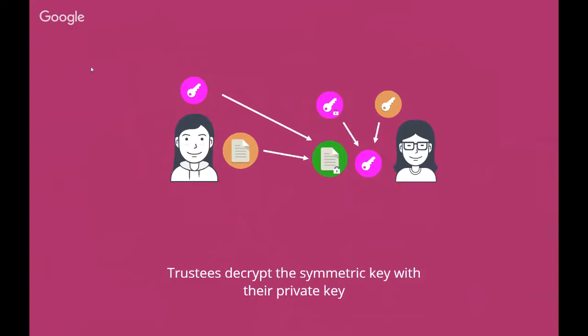So when Alice wants to add some data to the platform, she uses her symmetric key to encrypt it. And then the trustee, to be able to read this data, will first decrypt the symmetric key with her private key, giving the exact same symmetric key as Alice used to encrypt the data. And then she would be able to use it to decrypt the encrypted contents.